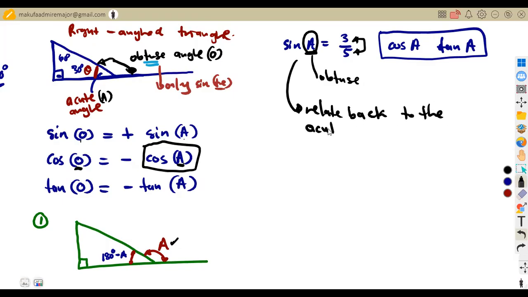If we are relating this back to the acute angle, we are simply saying the ratio does not change. The ratio of sine of theta, which is the sine inside our triangle, our acute angle, does not change, which is the ratio of sine 180 minus A. It's just an angle.